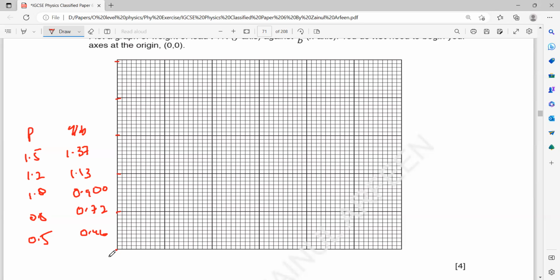So 0.5, 0.6, 0.7, 0.8, 0.9, and 1. So it won't fit. So if it is 0.4, 0.6, 0.8, 1.0, 1.2, 1.4, it won't fit. So I should start with 0.5.